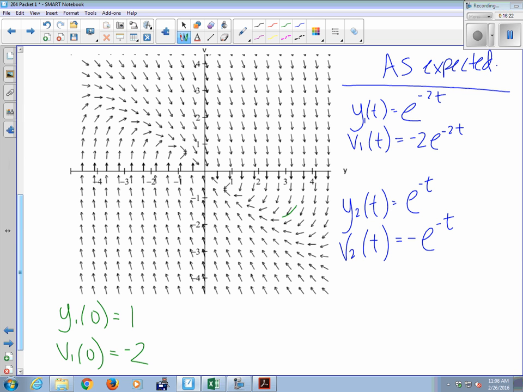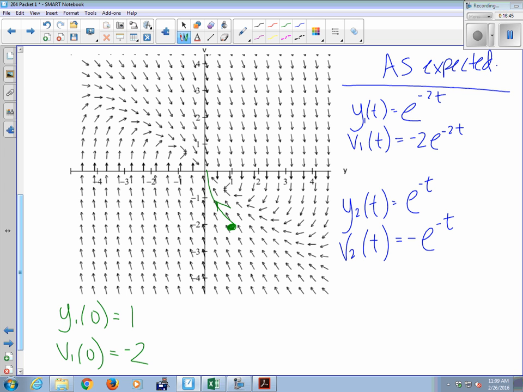So I push it to the left. I plot the point (1, negative 2), y comma v. Now that I have an initial condition, I can follow the vector field and see what happens.